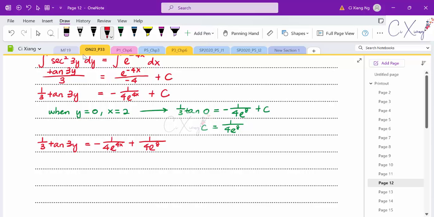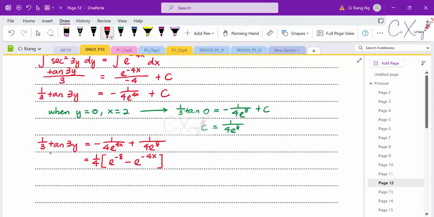First of all, I want to factorize out the 1 over 4 because there's 1 over 4 in both terms on the right. Then I will write it as e power negative 8 minus e power negative 4x, so that it doesn't look too complicated. I feel like this looks slightly easier. Okay, if you want to keep it as fractions, still no problem.